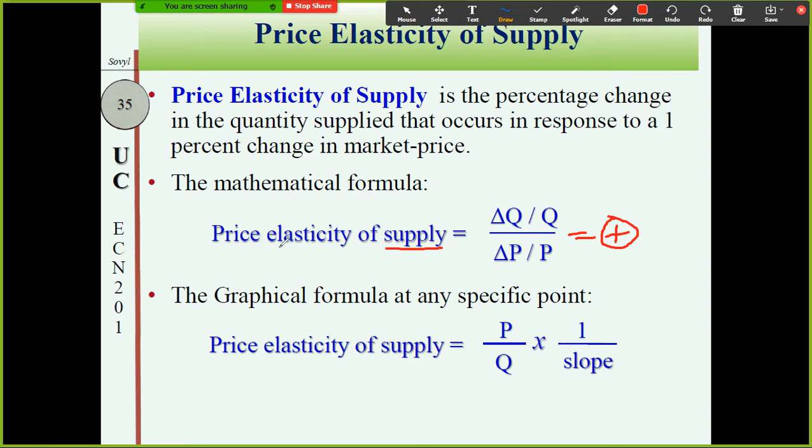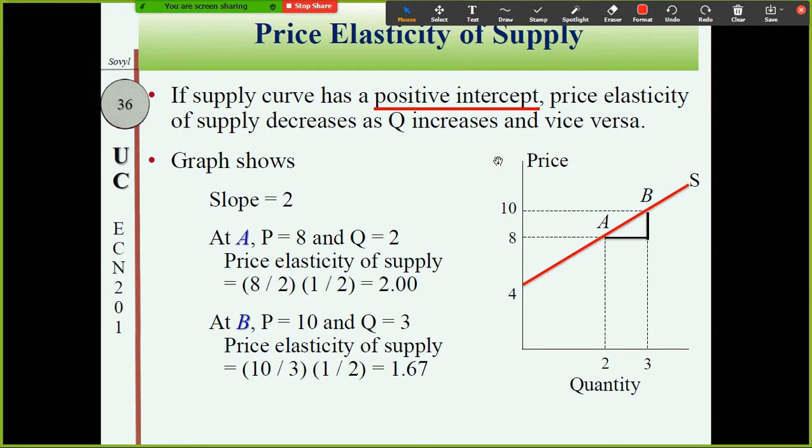However, price elasticity of demand must be negative. If you find it positive, it's wrong. For supply, it must be positive. So remember that. This is a condition that you need to remember.